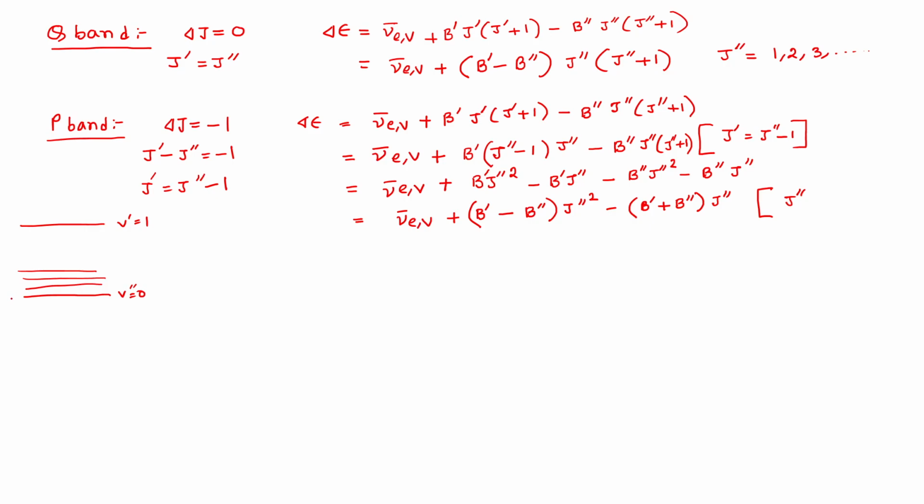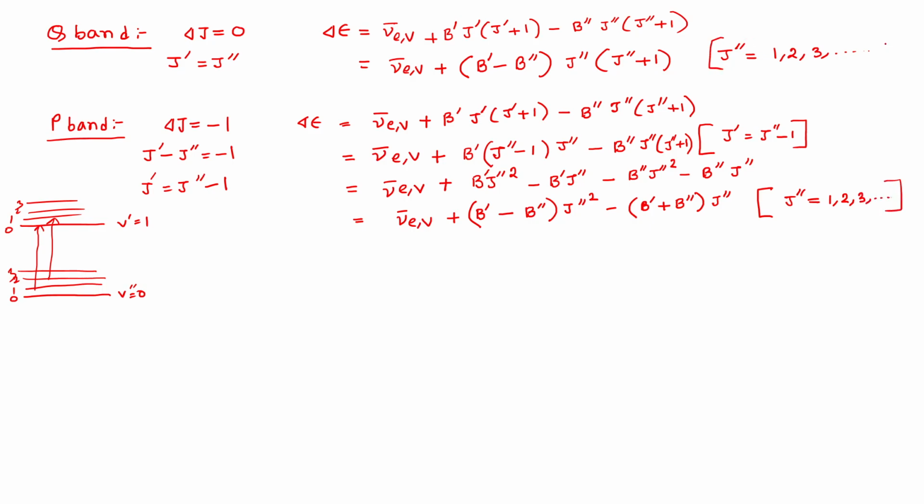Suppose this is 0, 1, 2, 3, 0, 1, 2, 3. Delta J equals negative means I'm going from 1 to 0, 2 to 1. In this case, I am starting, I can't go from 0. So my J double dash is 1. It can start from only 1, 2, 3.